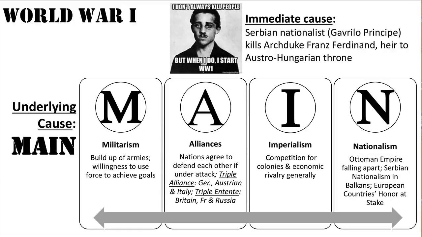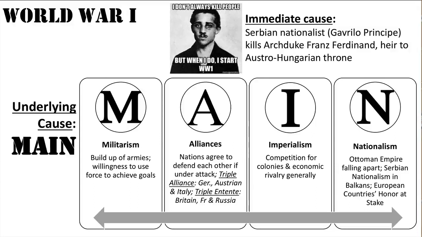A is alliances. An alliance is like an agreement, and the agreement is, if I go to war, you have to have my back. If I go to war, you're coming with me, all right? If you've ever seen a fight between two guys, it's over in a moment.